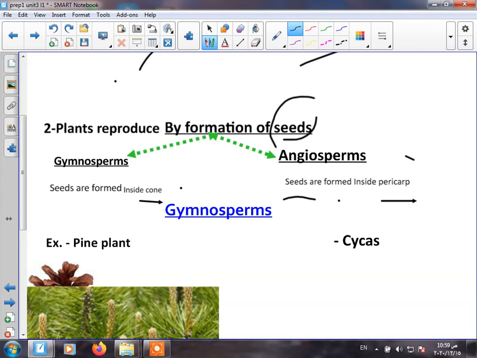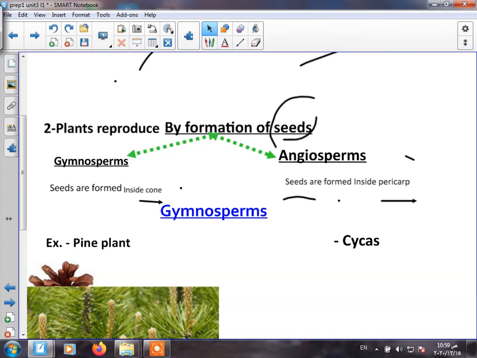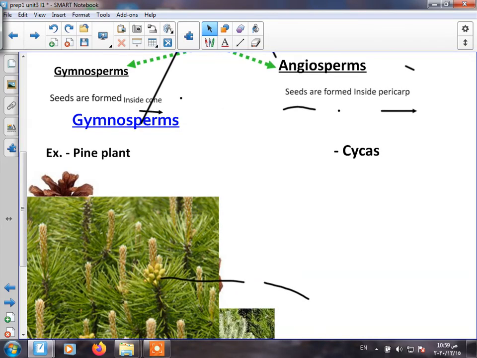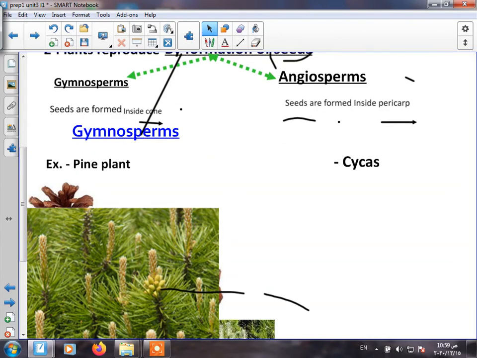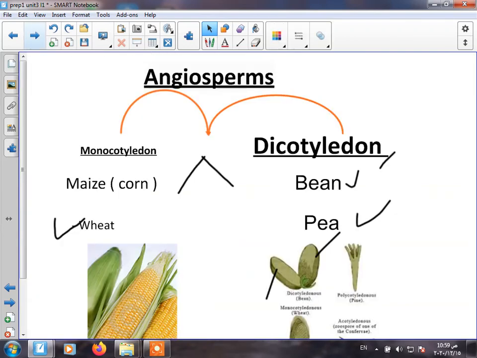Gymnosperm, like the pine plant and cycas plant, while the angiosperm forms its seeds inside a pericarp, like maize and wheat under monocotyledon, and like bean and pea under dicotyledon.